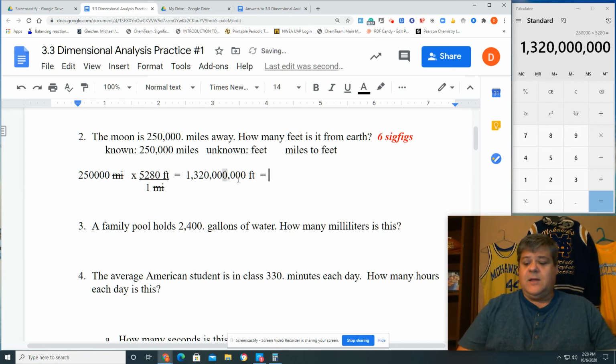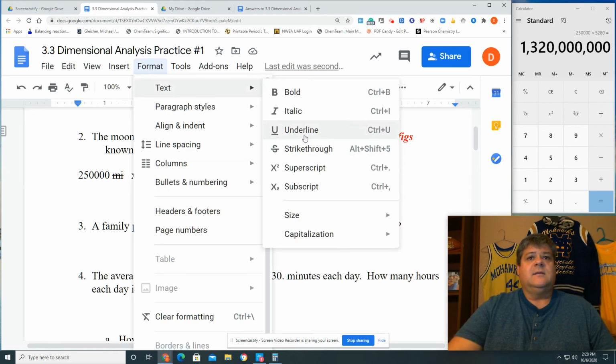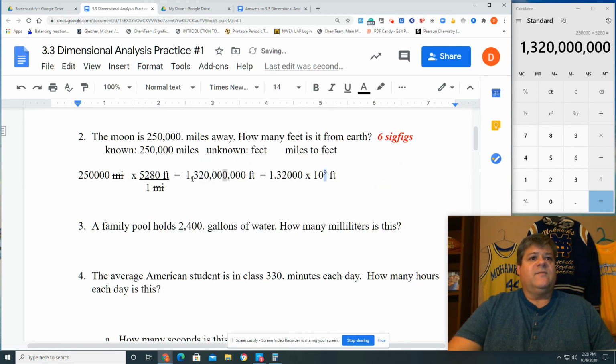So we're going to say that that equals 1.32000, that's 456, there it is, times 10 to the 9th feet. Now, where did I get 9 from? Well, I got 9, make that a superscript, from right here.